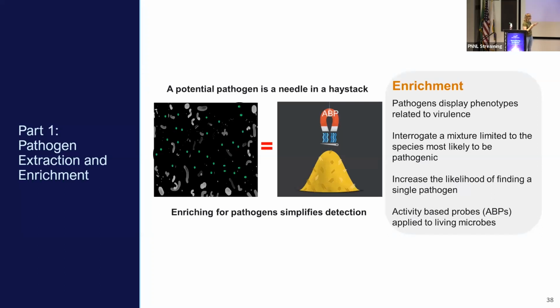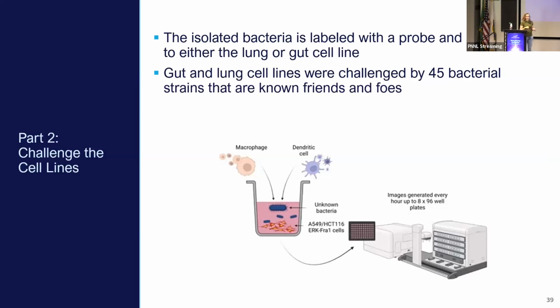Again, I'm not going to dive into the biology of this, but it was very hard and took a lot of research to label for those different phenotypes and then be able to select those bacteria out of these really complicated matrices of, say, soil samples, and then be able to take those hypothesized pathogenic bacteria, put them in a 96 well plate, and challenge them against the human cell line.